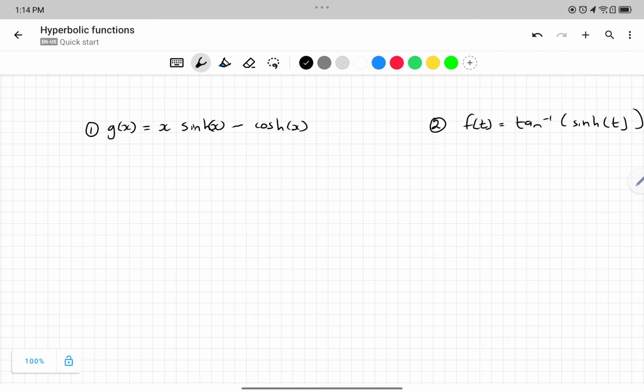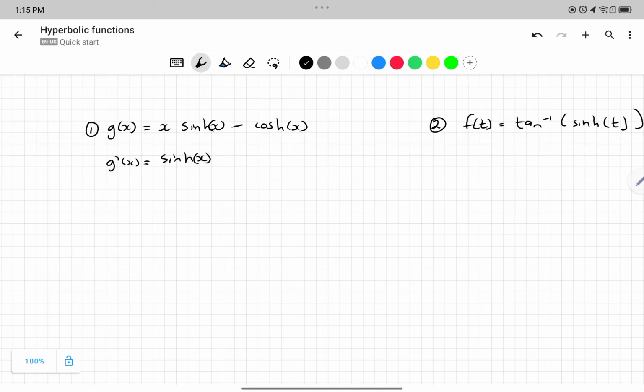So the first one, right? First one will be g prime of x is equals to. Now in deriving this one, we use the product rule. So we're going to get sine hyperbolic sine x, because the derivative of x is 1. And then we keep the second one the same, which is sine hyperbolic sine x.